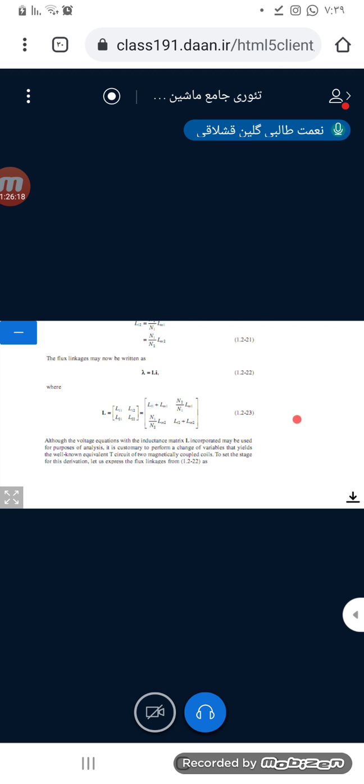We can only show it with this. This is a representation. This is not an electrical model. This is an electrical representation of a magnetically coupled circuit.